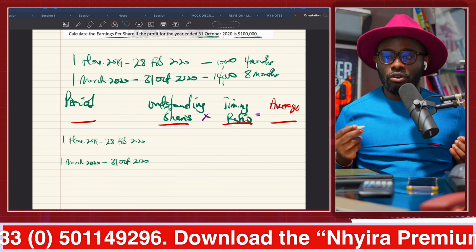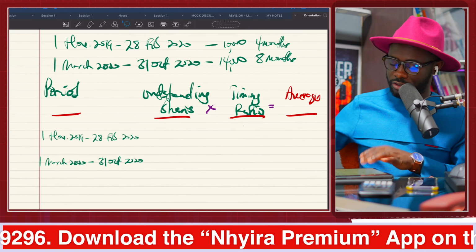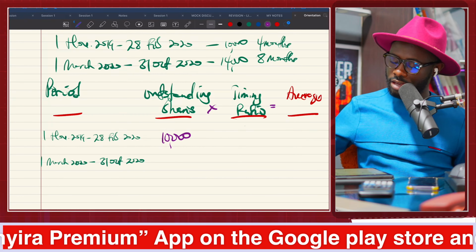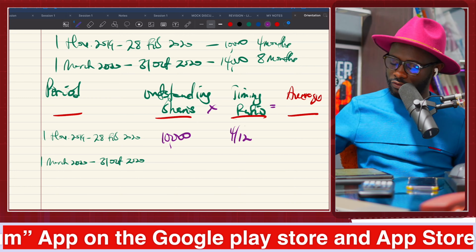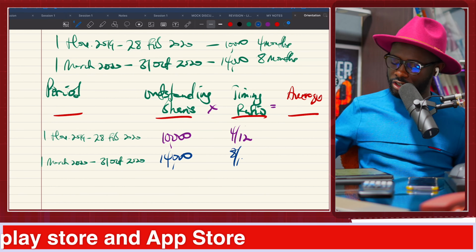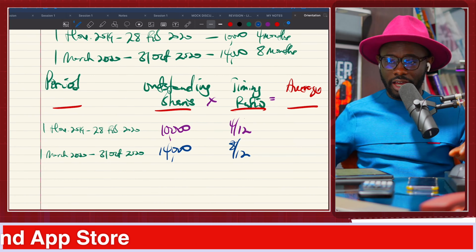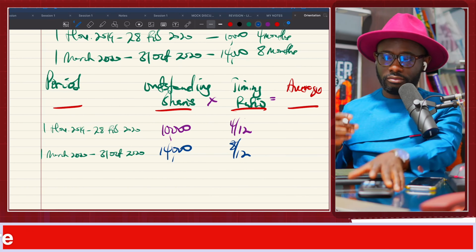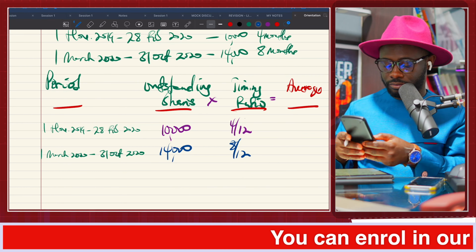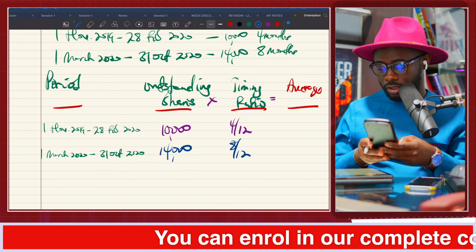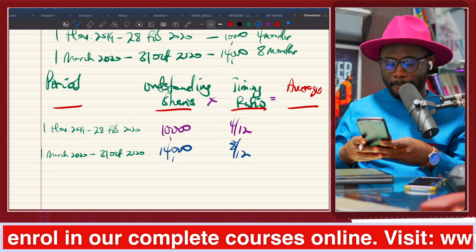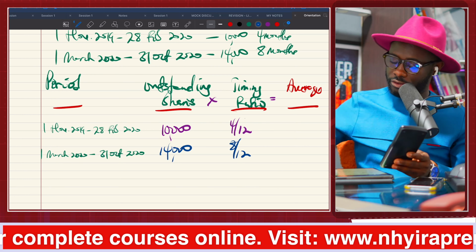So for the first period, number of shares outstanding is 10,000, timing ratio 4/12. Second period, 14,000, timing ratio 8/12. So we multiply to get the average. 4 divided by 12 times 10,000, that's 3,333.